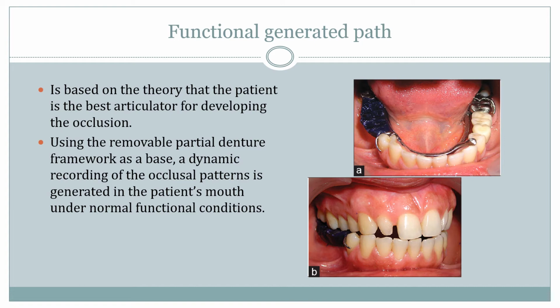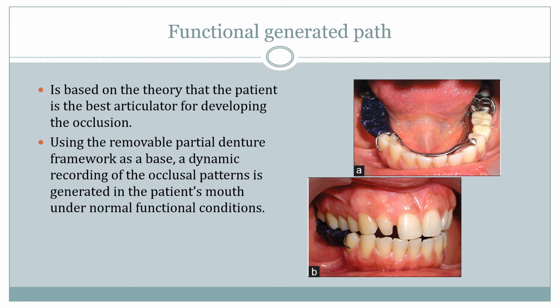So in this, you are not depending on your skills of asking the patient to bite in centric. You would have had a lot of difficulties in guiding the patient to bite in his centric, right? Because once a complete denture patient is completely edentulous for quite a good amount of time, the patients lack neuromuscular coordination.